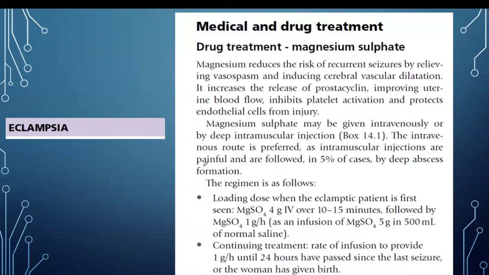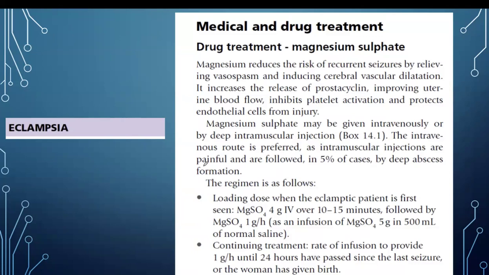More than that, you start the patient on antihypertensive. If a patient develops preeclampsia, if it is mild preeclampsia, then just manage with blood pressure medication. If it is severe preeclampsia, then along with blood pressure medication, we also add magnesium sulfate.